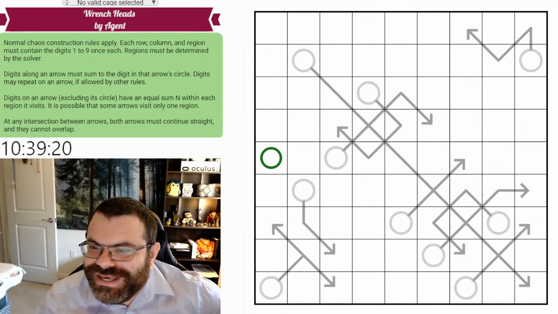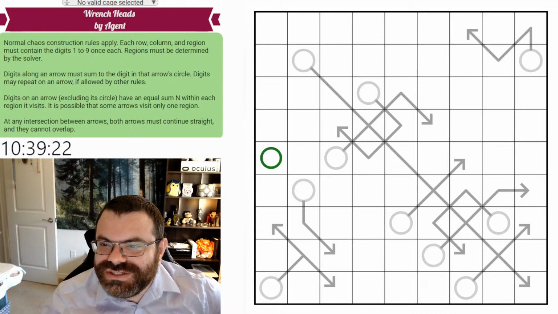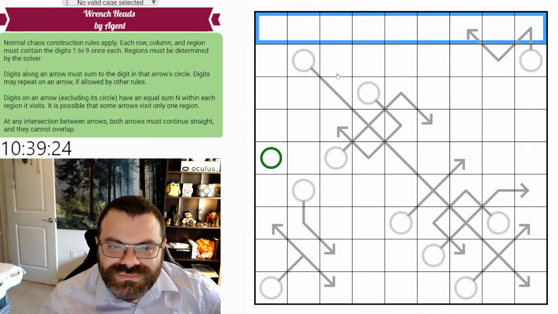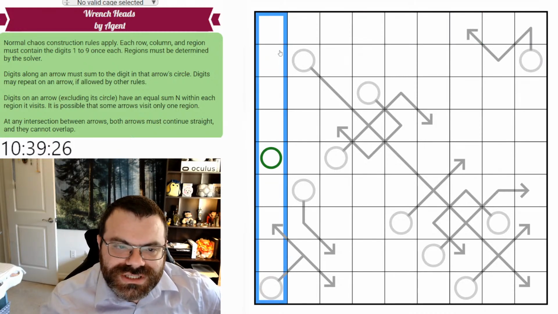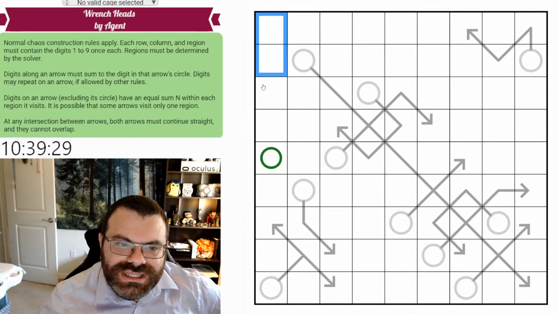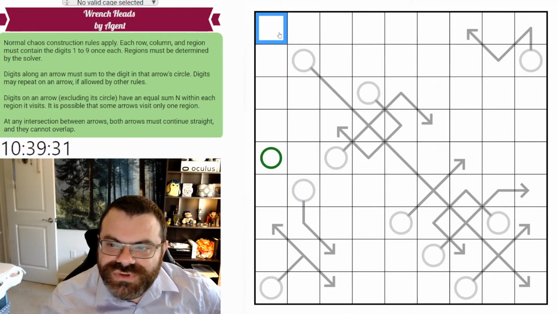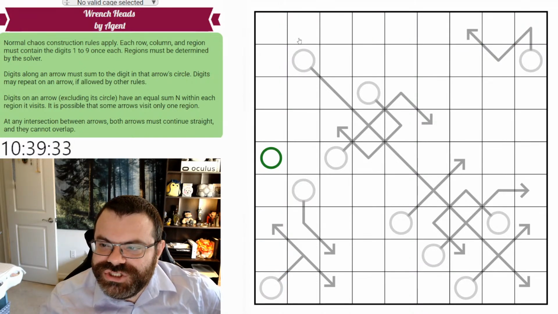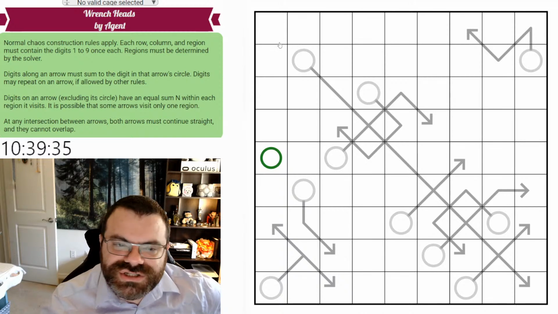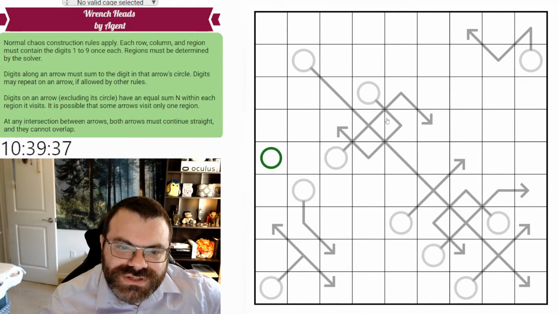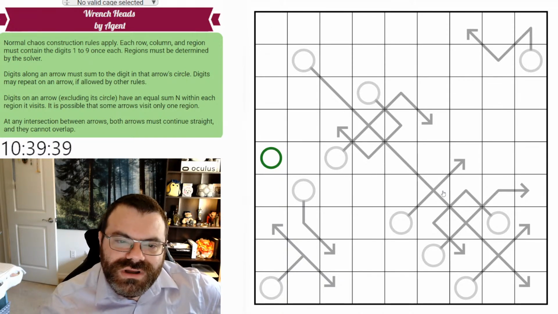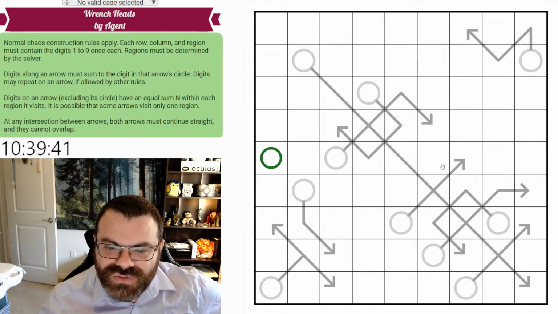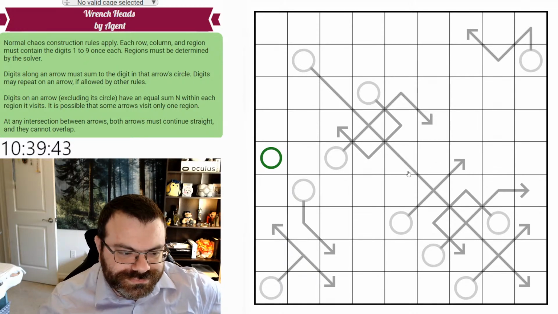This is Wrench Heads by Agent. We have normal chaos construction rules, so for every row and column, just like a Sudoku, you can't repeat any digits, so you must place the digits 1 through 9. There's also regions where you must place the digits 1 through 9 non-repeating. They're going to be regions of size 9, but it's our job as the solvers to figure out where those regions are.